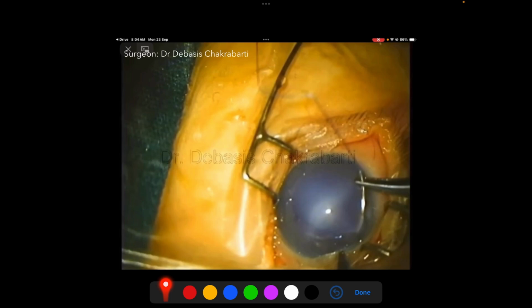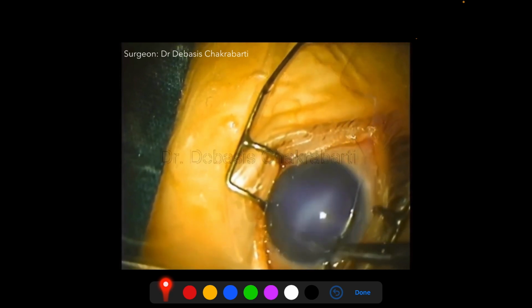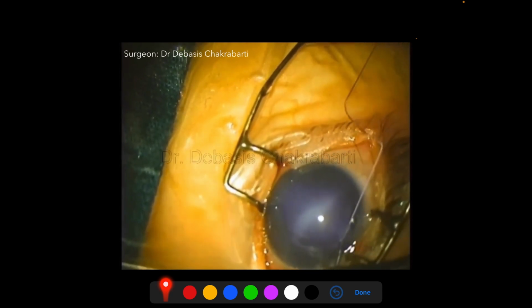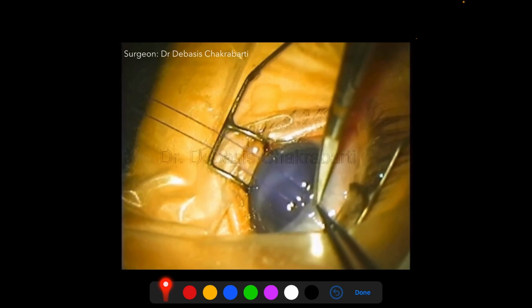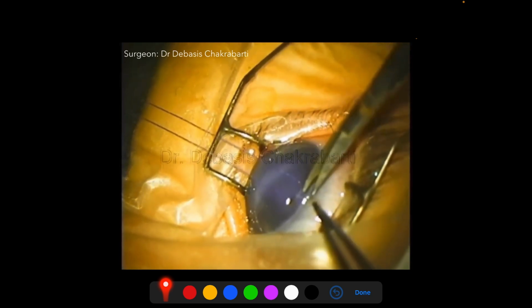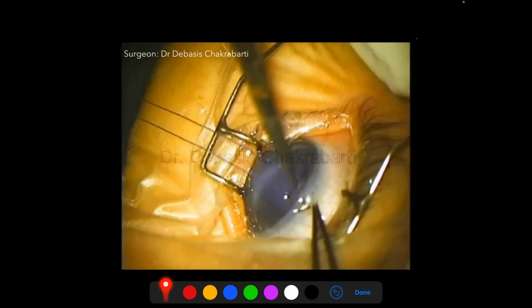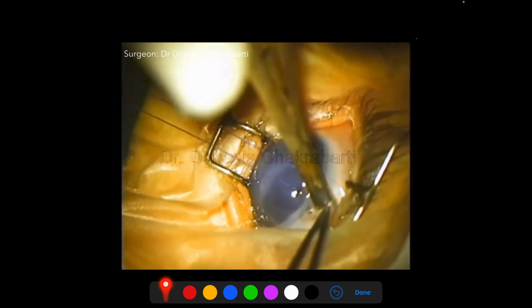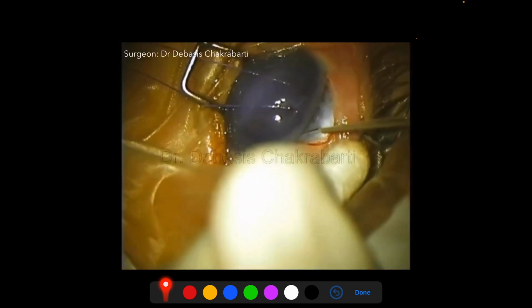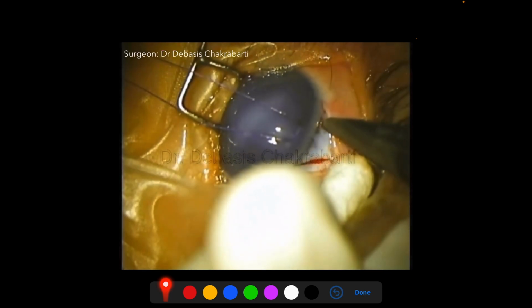Now we have the surgical video of trabeculotomy, and it starts with the superior corneal traction suture. Here a limbus-based conjunctival flap is raised, and a triangular partial thickness scleral flap made.